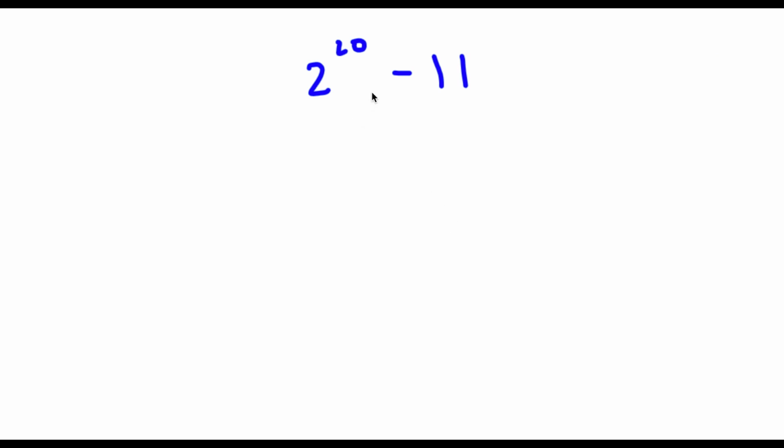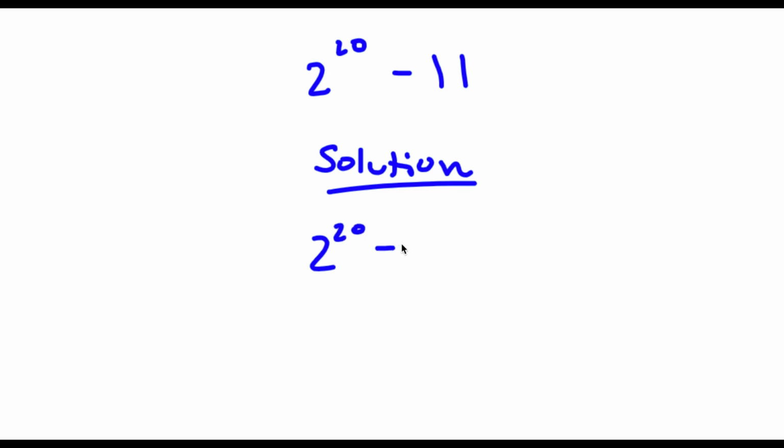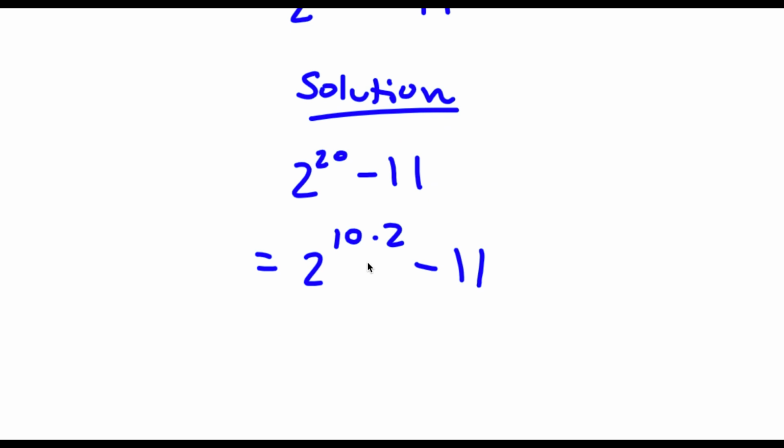Alright, so I have 2 to the power of 20 minus 11. So for my solution here, first start with 2 to the power of 20 minus 11. Now, I'm going to rewrite this as 2 to the power of 10 times 2 minus 11, because 20 is equal to 10 times 2.